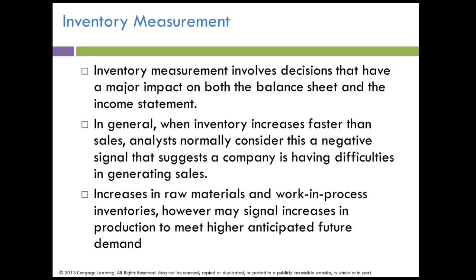So what they're saying here, when inventory increases faster than sales, analysts consider this a negative signal because companies are having difficulty in generating sales. So there's really a fine line to being able to predict and to purchase inventory when you need it.